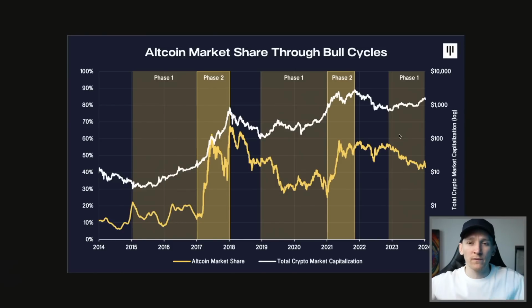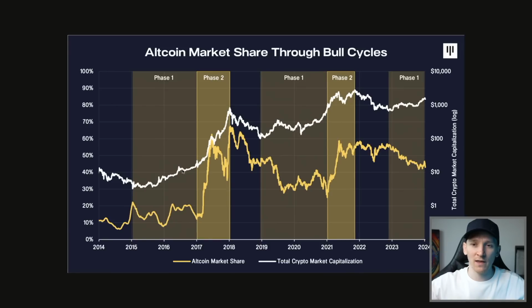So crypto moves in very distinct phases, and we have the bear market, a kind of recovery or malaise, and then an expansion. And Bitcoin moves differently to altcoins in these phases. So we can see how that works here. There are two distinct phases where you have phase one, where Bitcoin recovers in value and starts to move upwards.